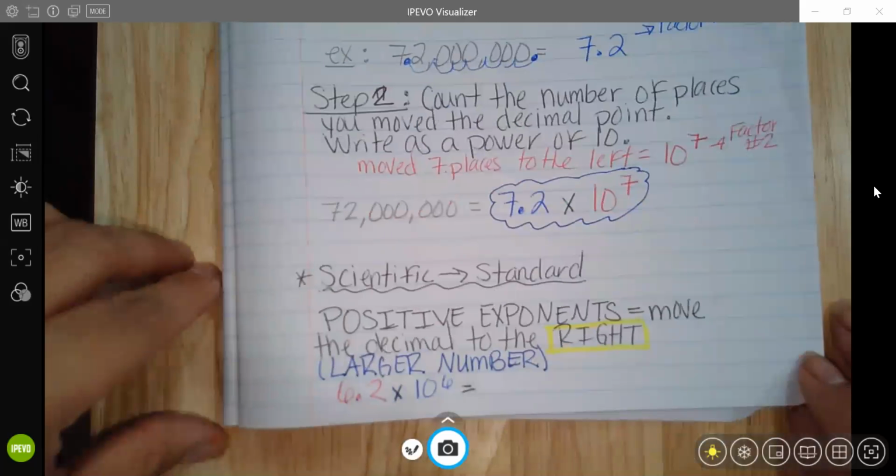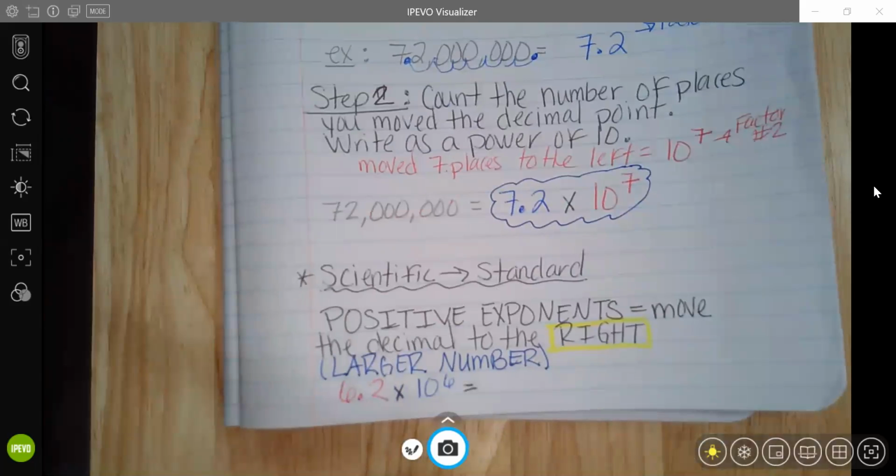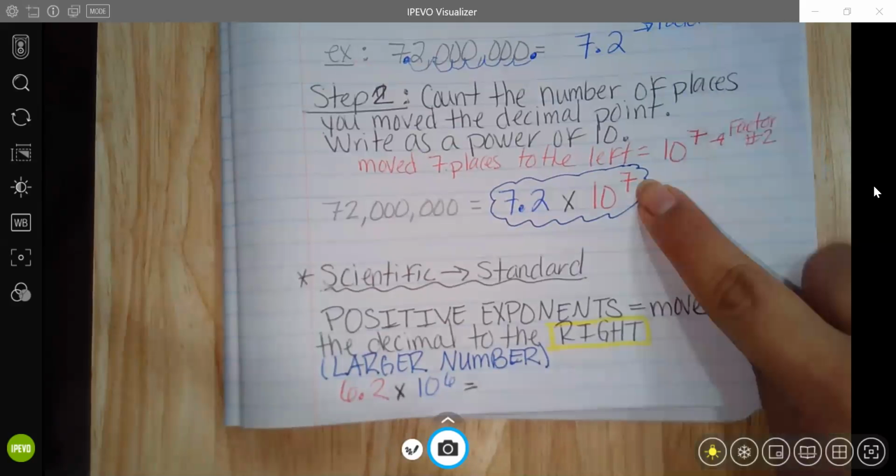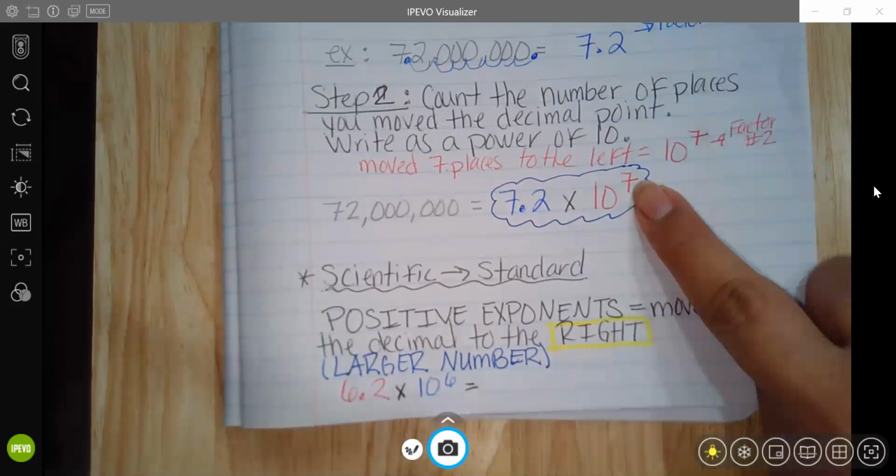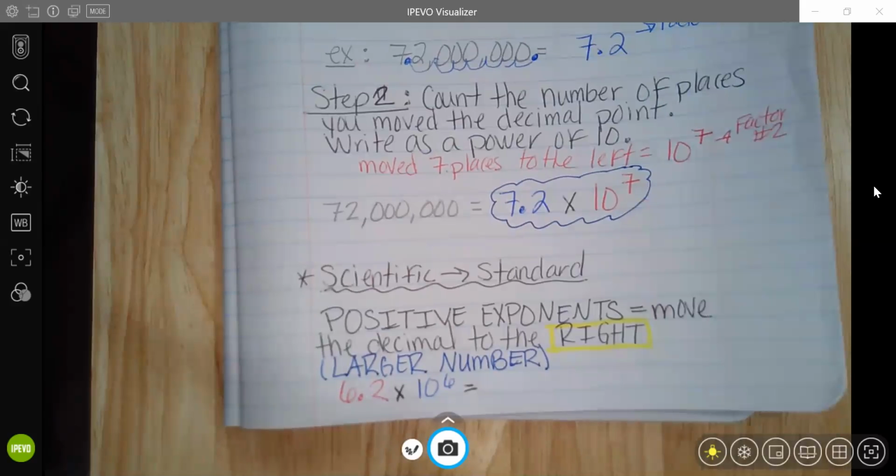Okay, so now we're going to go in reverse, from scientific notation to standard form, because we can go both ways. They're going to give us the scientific notation, and then they're going to want us to put it into a standard form number, with commas and zeros and things like that. These are going to have positive exponents, like this one was positive 7. That means we're gonna move the decimal to the right to make it a larger number.